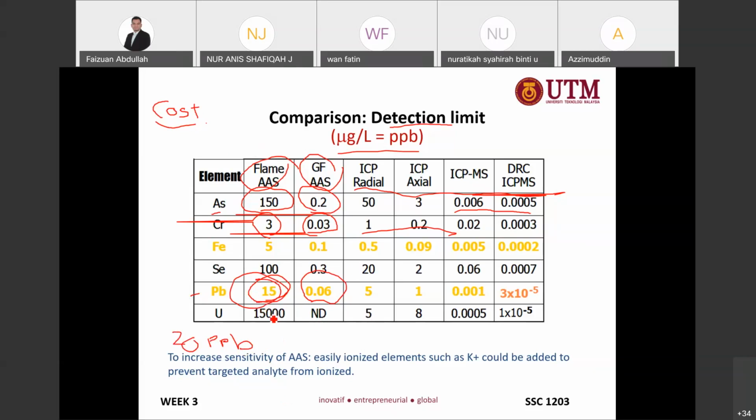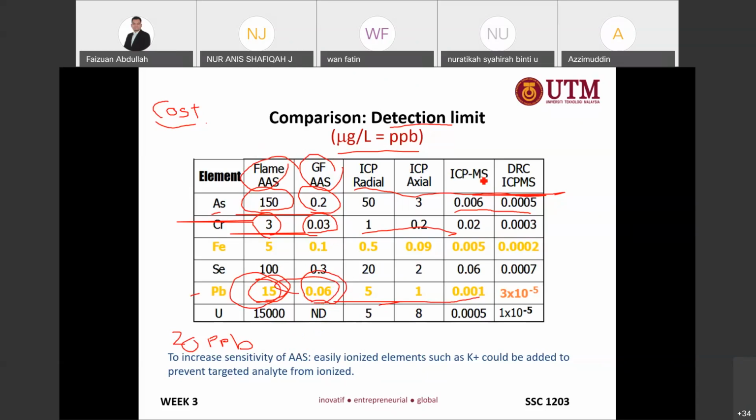But if we already know that roughly the concentration in the sample is very low, then we use the graphite furnace or other instruments.